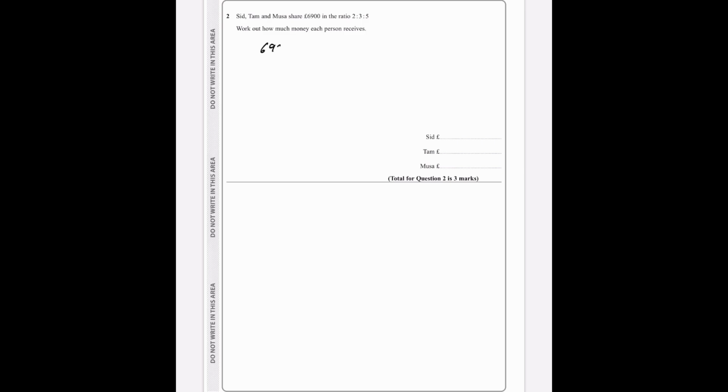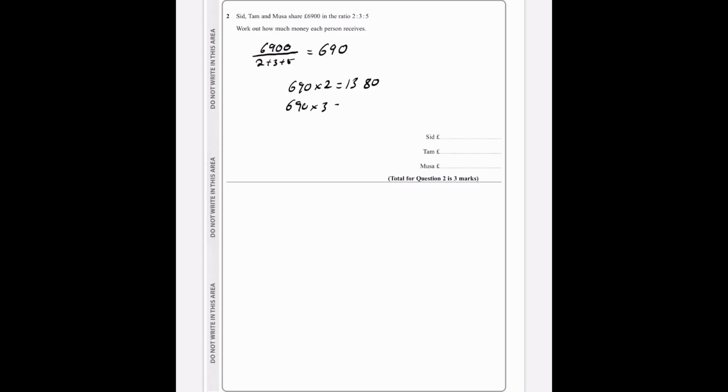For question number 2, we're dividing in a given ratio, so we've got 6,900. I'm going to divide that by the sum of the parts, 2 plus 3 plus 5, which is 10, so each part is worth 690. To find 2 parts, we therefore double 690, which is 1,380.